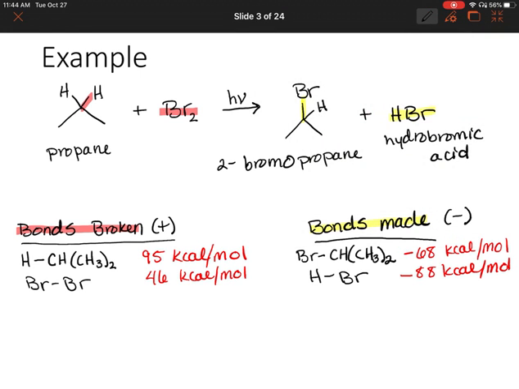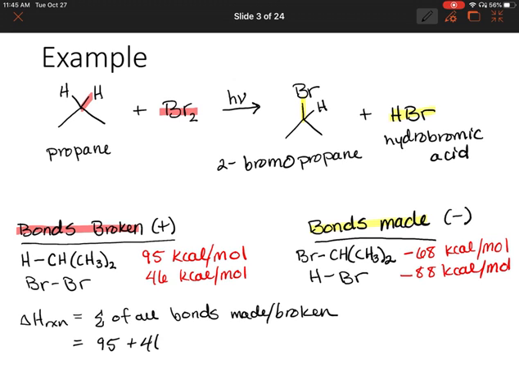Okay, so now we just add all of these numbers together. So delta H of the reaction is equal to the sum of all bonds, made or broken. All right, so let's start with our broken bonds. We have 95 plus 46.